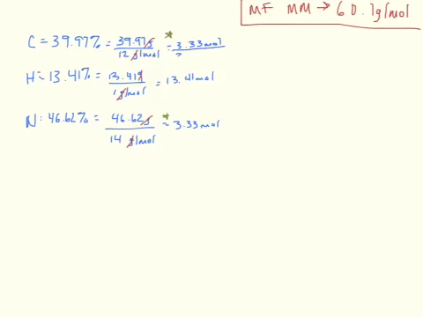So 3.33 divided by 3.33, divided by 3.33. And we know we have 1 carbon, we know we have 1 nitrogen. Just get the easy division out of the way. Now hydrogen is going to end up being 4.